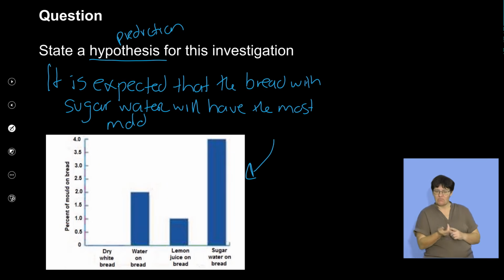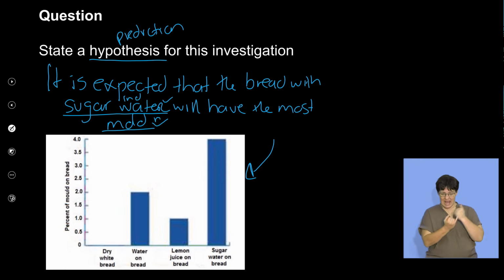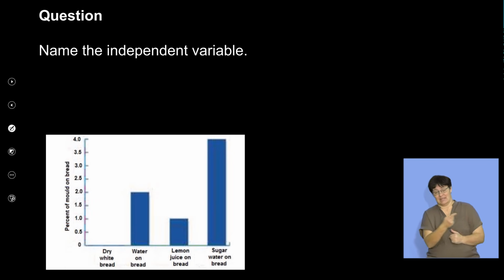It showed me the sugar water. So I'm being lucky here. I'm saying, yes, I can see the results. It is expected that the bread with sugar water, there's my one variable, will have the most mold. There we go, independent variable, and there is my dependent variable. Nice marks, 3 marks for my hypothesis if I was going to give you the marks.